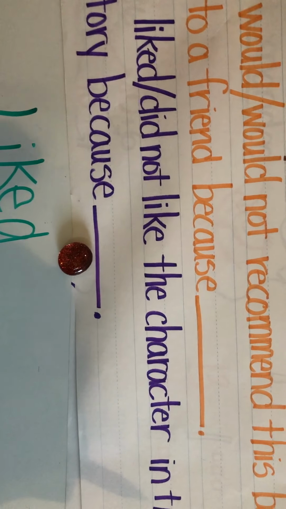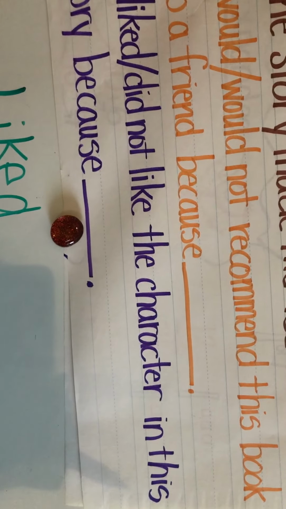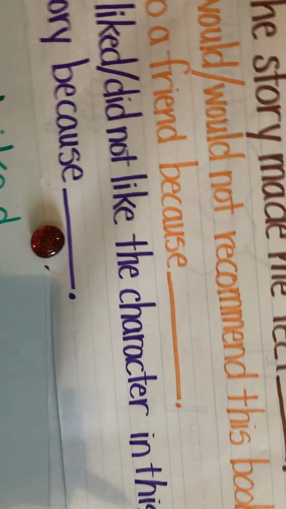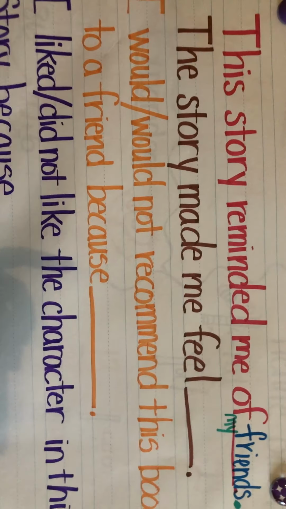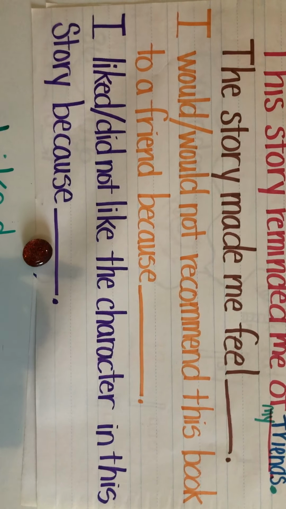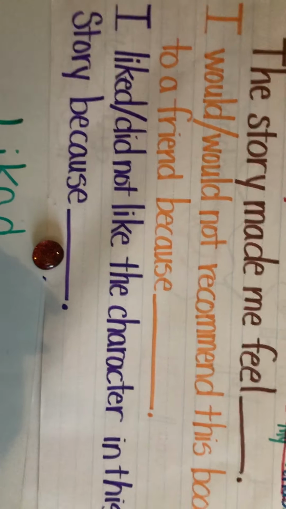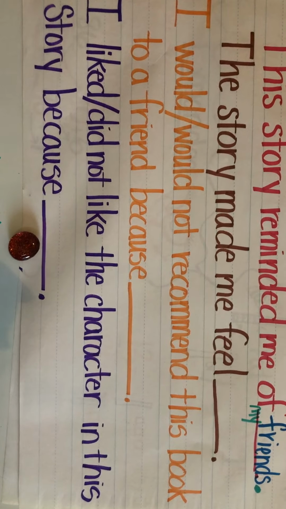The story reminded me of when I met my best friend at school, right? Or the story made me feel sad because I know what it feels like to lose your favorite stuffed animal. Because I lost mine before.